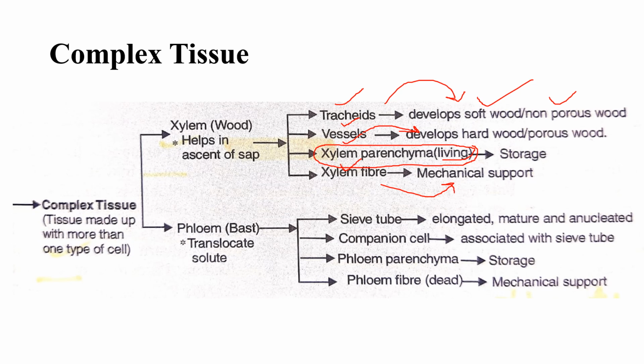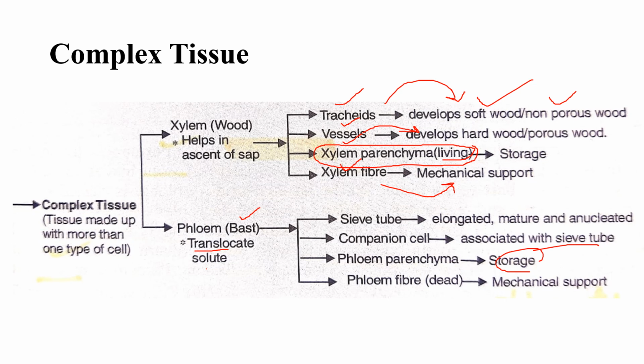Then phloem or bast, which mainly helps in the translocation of solute. It is also divided into four categories. One is sieve tube, which is elongated, mature, and anucleated, that means they lack a nucleus. Companion cell is always present in association with sieve tubes. Then phloem parenchyma is meant for storage.